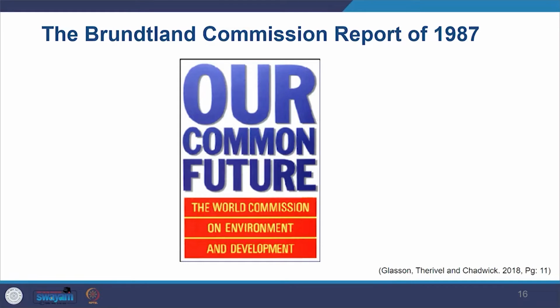And the major push for this particular concept was provided in 1987 in the Brundtland Report of the World Commission on Environment and Development, and at the Rio Summit in 1992. So we see that this particular concept was really pushed in this particular time.